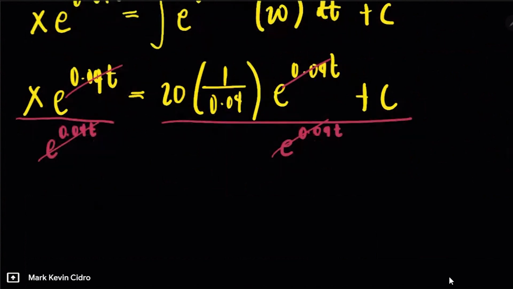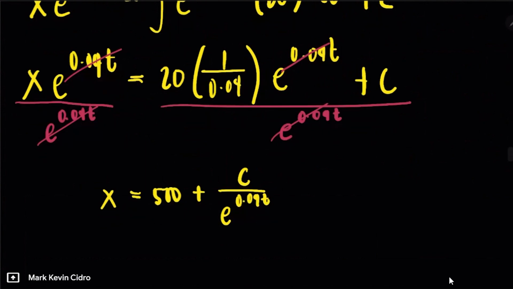So x is equal to 20 over 0.04, that is 500, plus c over e raised to 0.04t.